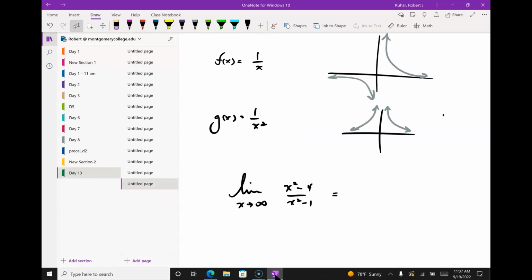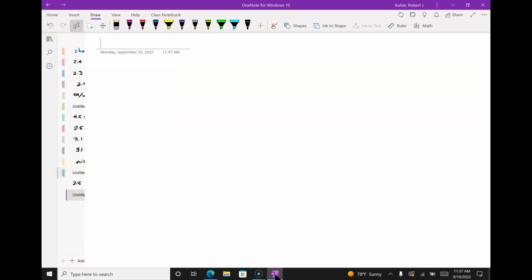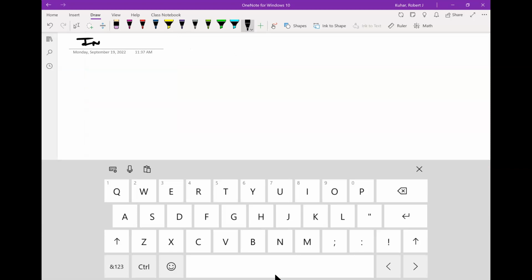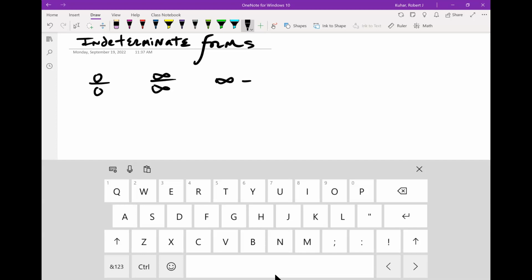So we're going to have 3 indeterminate forms. And that is 0 over 0, infinity over infinity, and infinity minus infinity. When we get answers like that, that's when we're thinking L'Hopital's. Okay? So, of course, 0 over 0 is the same as infinity over infinity.